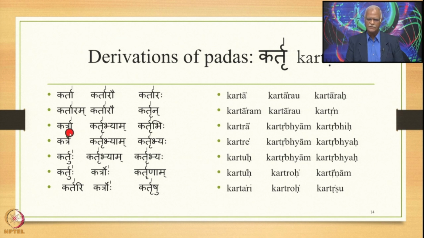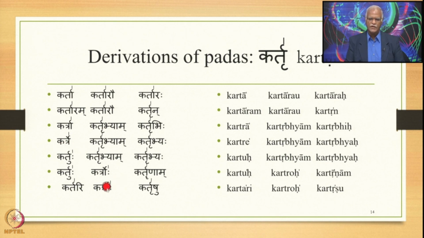Kartra, a is anudatta, but this anudatta comes immediately after an udatta. Therefore this anudatta gets converted into a swarita by the sutra udattad anudattasya swaritaha. Similarly kartre, and you have this anudatta vowel a, which gets converted into a swarita because this anudatta comes immediately after an udatta.